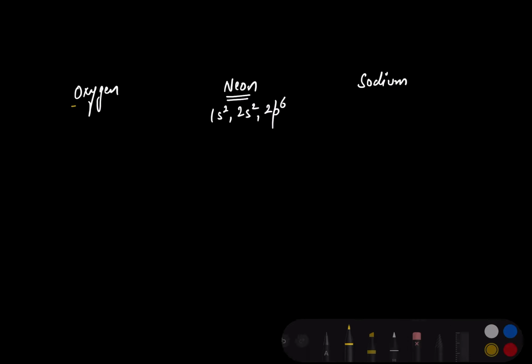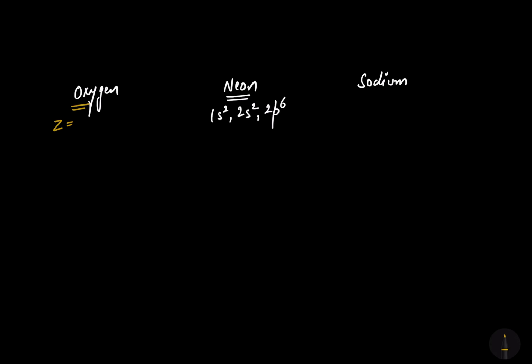Now firstly let's talk about oxygen. What's the atomic number of oxygen? Its atomic number is 8. Configuration will be 1s2, 2s2, 2p4. Now oxygen has to attain the stable noble gas configuration of 2p6. That means oxygen has to gain 2 more electrons to get 2p6, that is 1s2, 2s2, 2p6.